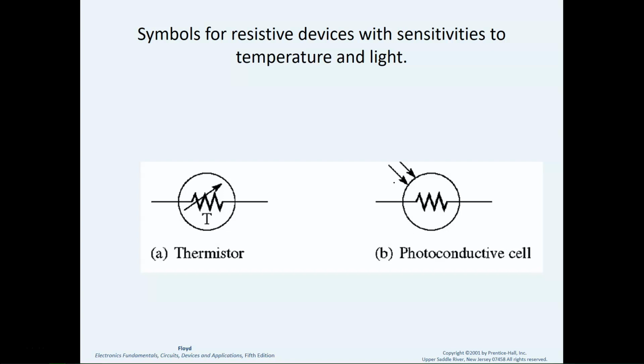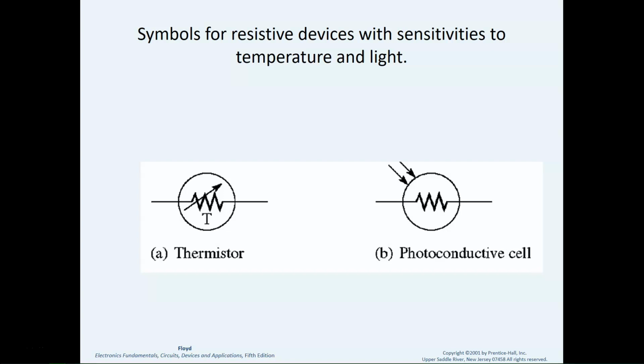And then you have what are called photoconductive cells. Photoconductive cells are ones that vary their resistance with light. There's a couple of different applications for that. One of the most common ones is with things as simple as a solar light, things that come on at night and turn off during the day.